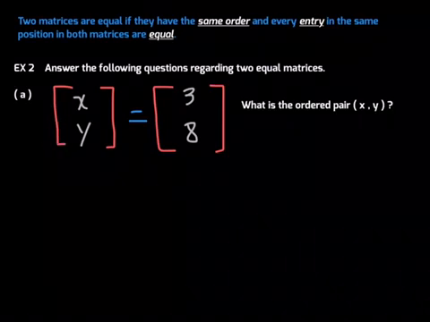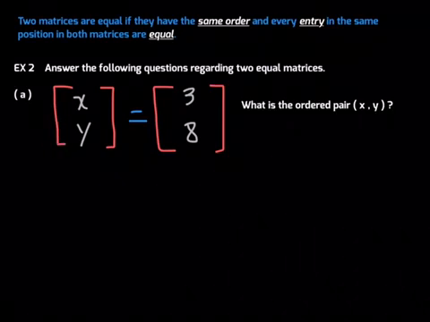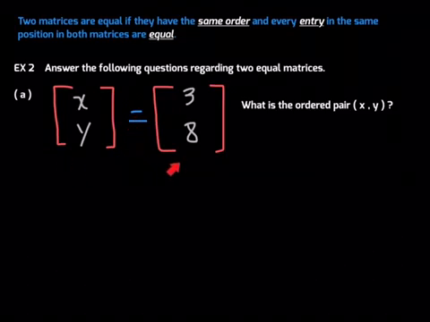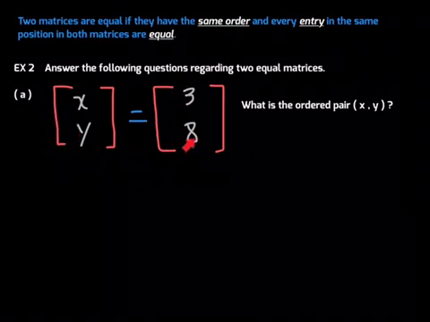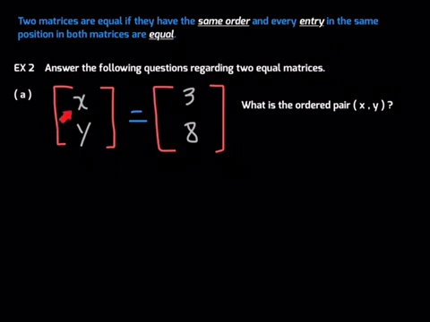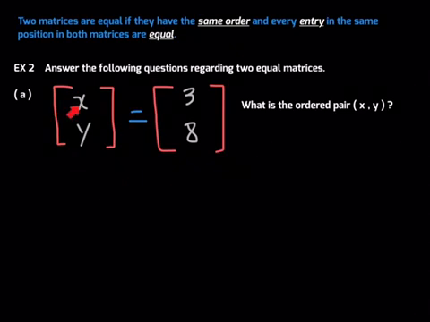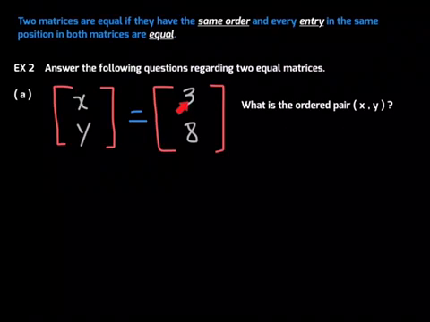Now, to answer this question, we have to remember that 2 matrices are equal if they have the same order. So we have 2 by 1. This is also 2 by 1. That's good. But every single entry in the same position in both of these matrices has to be equal. So this first row, first column entry has to be the same as this first row, first column entry.